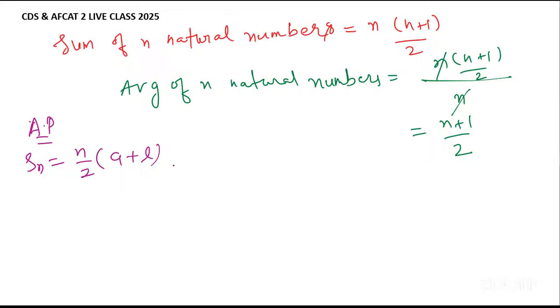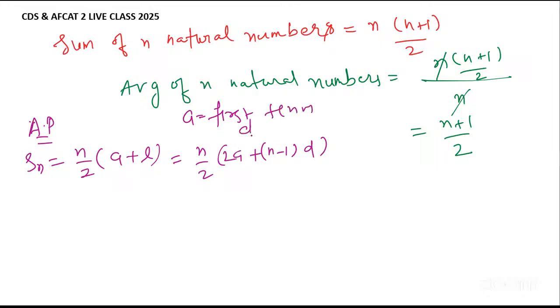So what is a plus l? It is n by 2 times 2a plus n minus 1 into d, where a is the first term, d is the common difference, and n is the number of observations you are taking.